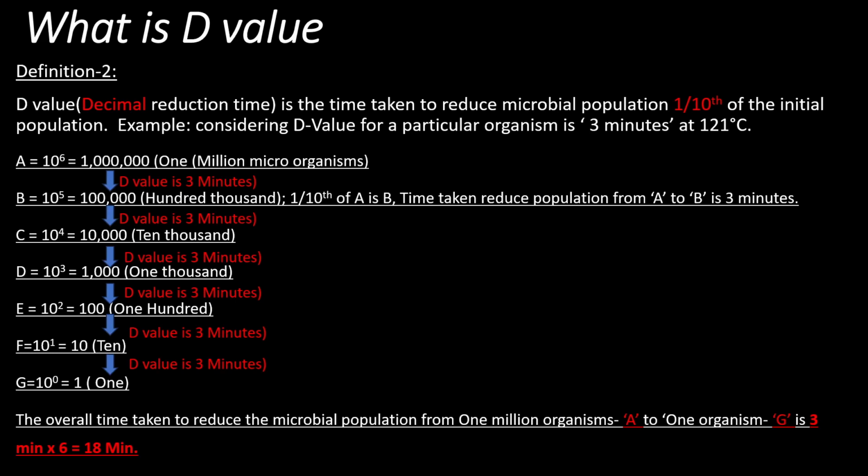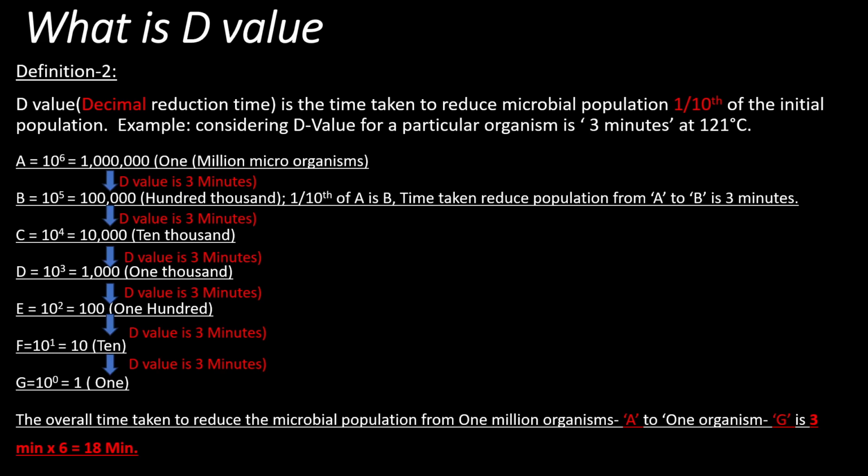So the overall time taken to reduce the microbial population from 1 million organisms to 1 organism is 3 multiplied by 6, so it has taken 18 minutes.